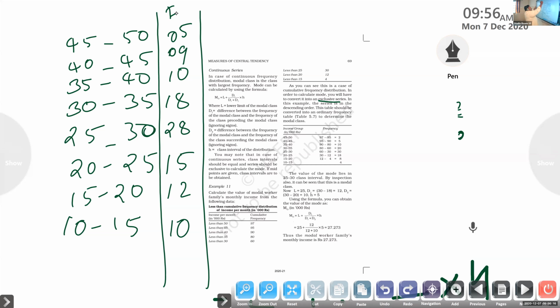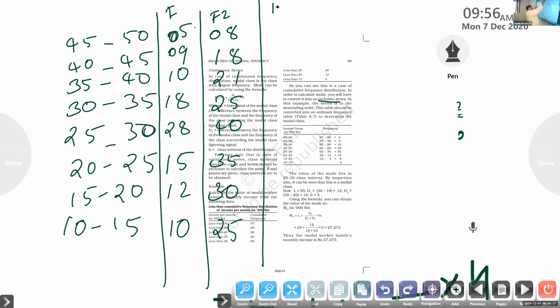Next, frequency 2: 8, 18, 21, 25, 40, 35, 30, 25. Another set, F3.